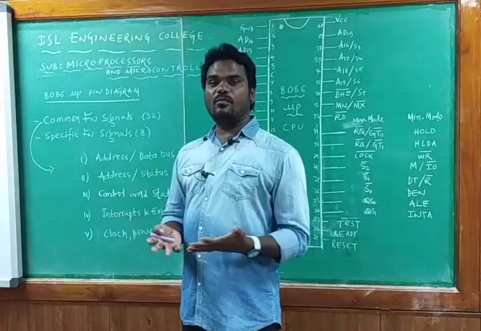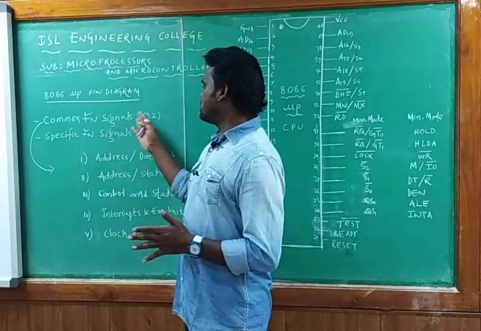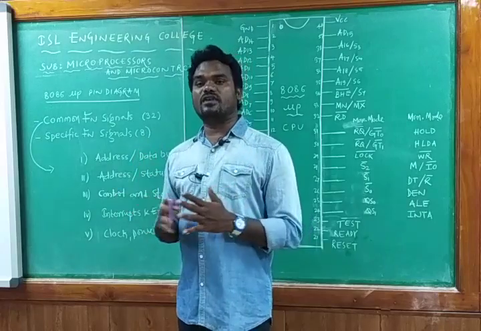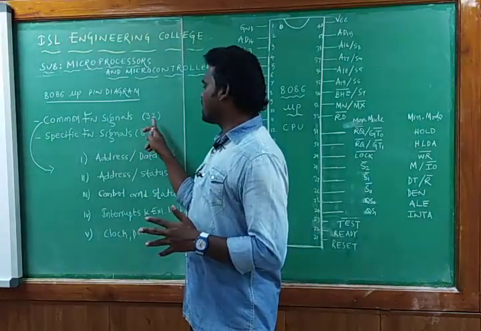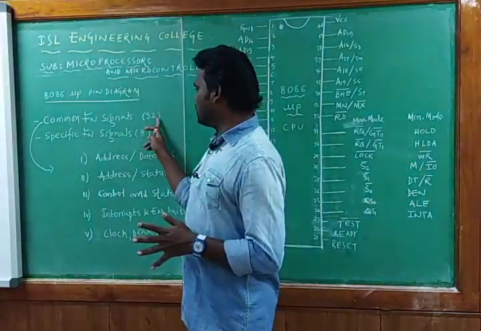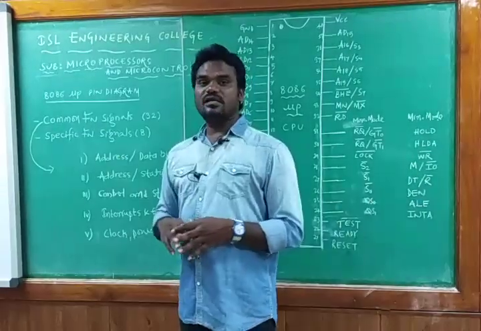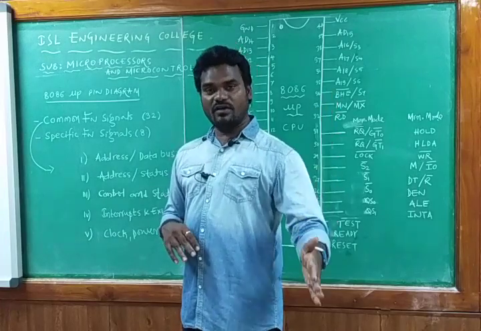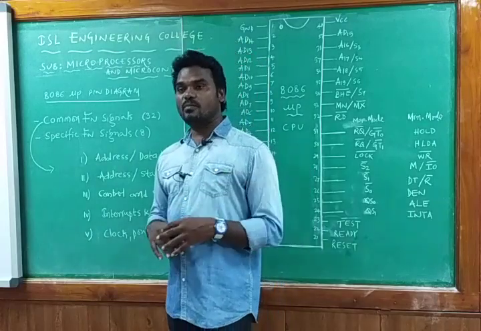In the minimum mode and the maximum mode of operation, these pins serve the common function, and the total number of such pins is 32. From the 40 pins, 32 pins serve the common functions, and the remaining 8 pins serve a specific function in the minimum mode of operation and some other specific function in the maximum mode of operation.